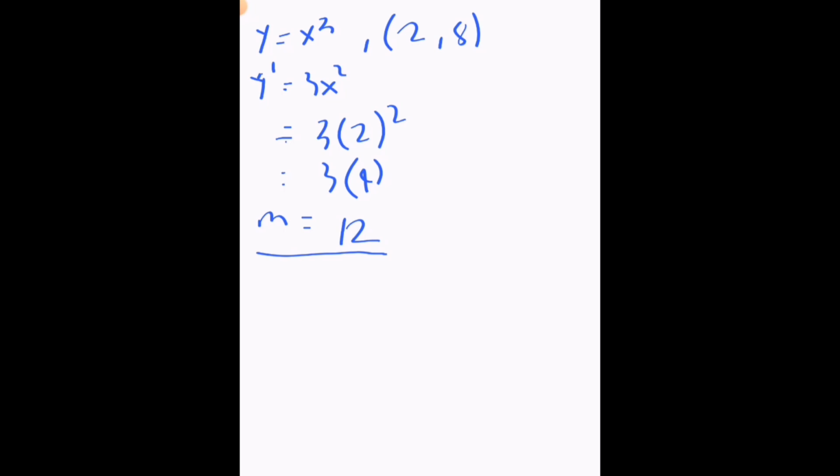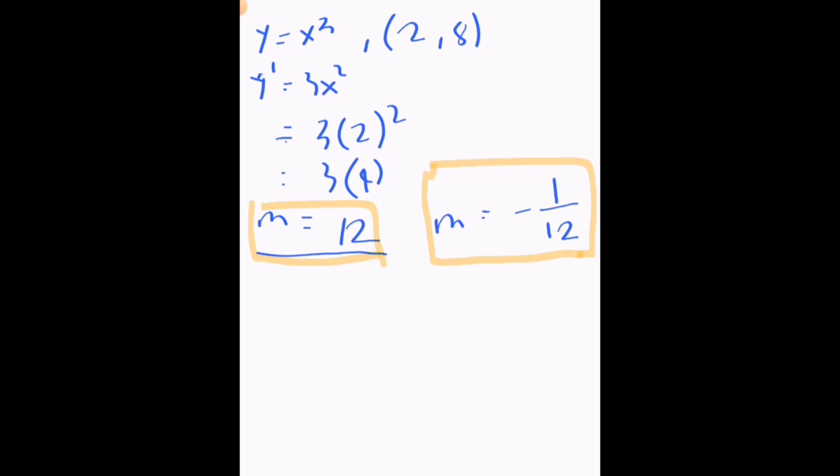Here we have 12 as the slope of the tangent line, meaning its negative reciprocal will be negative 1 over 12. We will use this slope in finding the equation of the normal line.